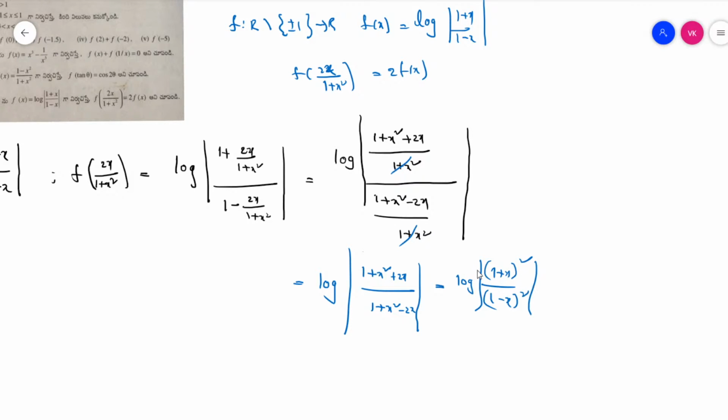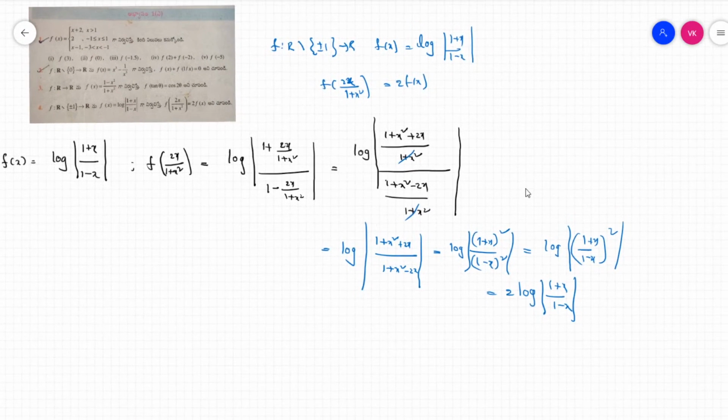They are in the form of (a plus b) whole square and (a minus b) whole square. Then we can write simply log of modulus of ((1 plus x) by (1 minus x)) whole square. According to the logarithm formula, we can write directly 2 log modulus of (1 plus x) by (1 minus x). Okay, this is the final step.